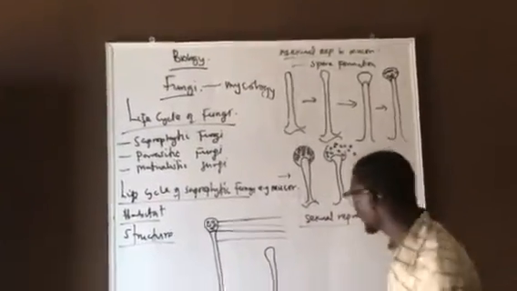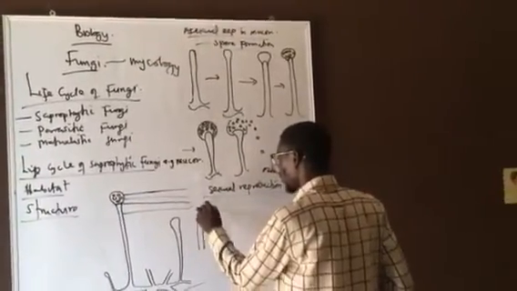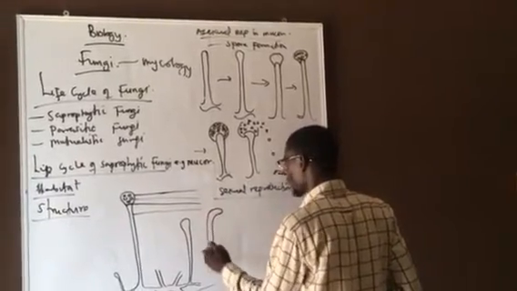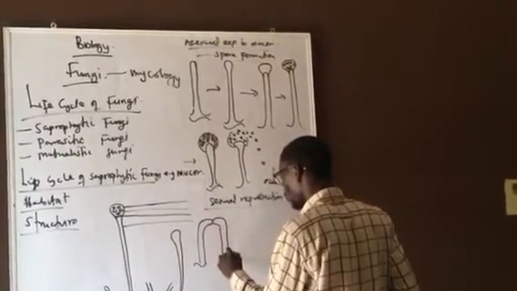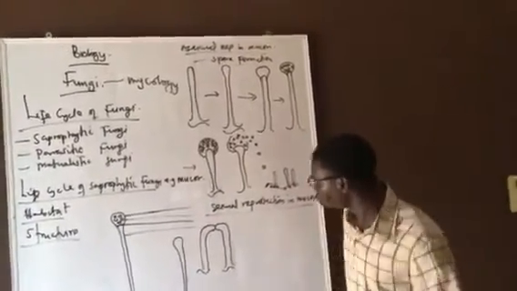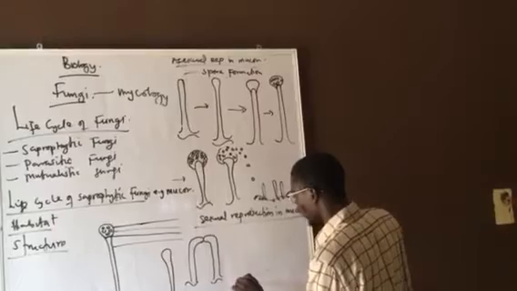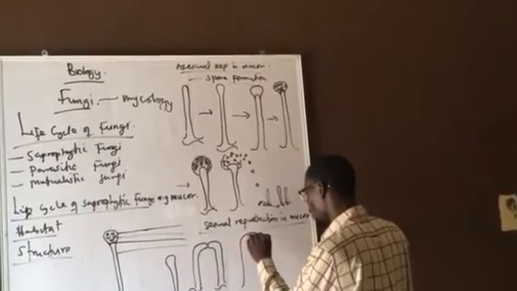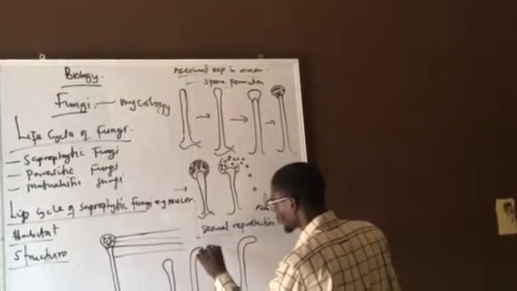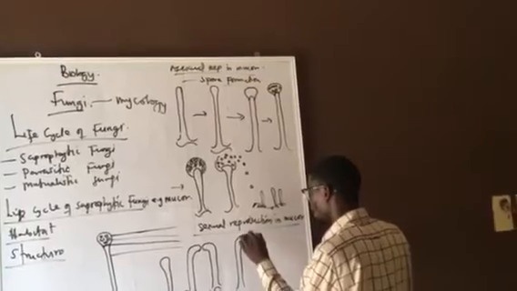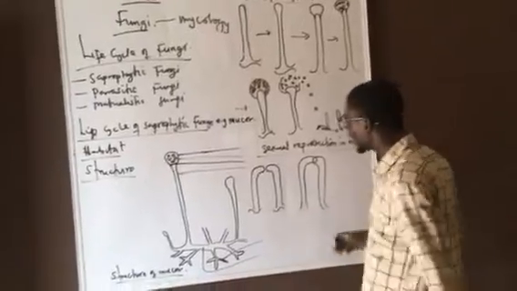The first thing is that these mucor will grow toward each other to form what we call the progametes. As they grow toward each other, they will develop a swelling, and they will adhere to each other to form the gametangium.